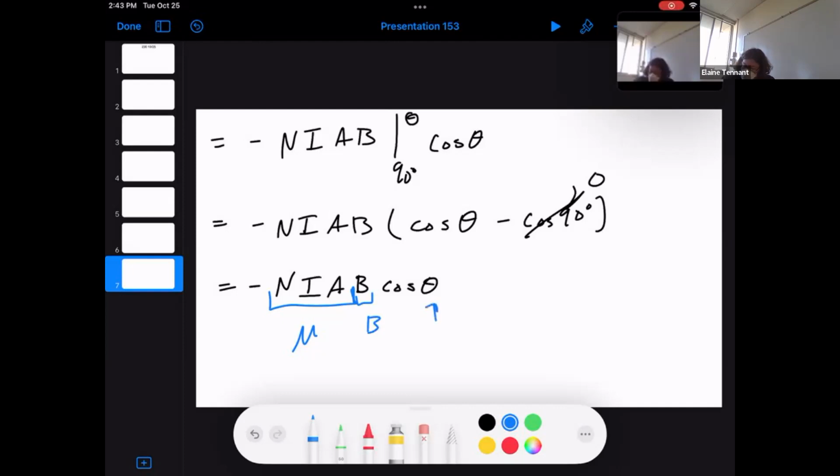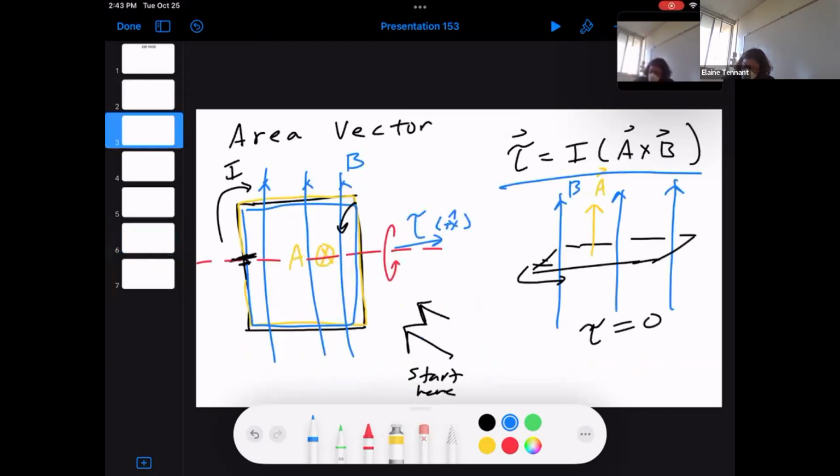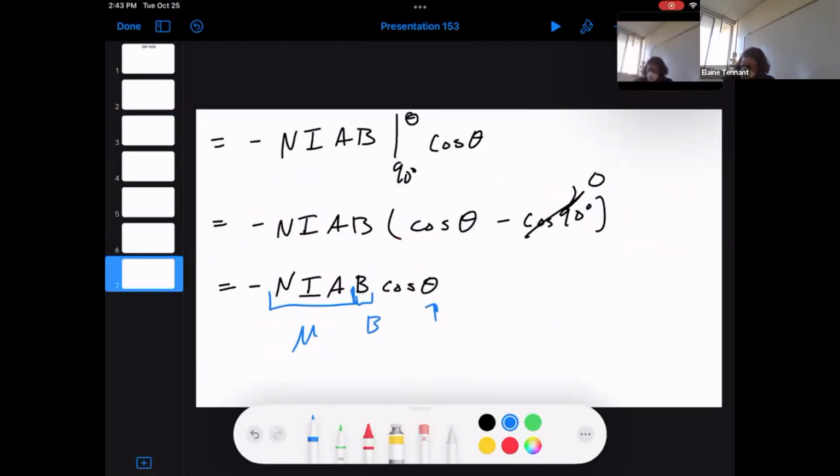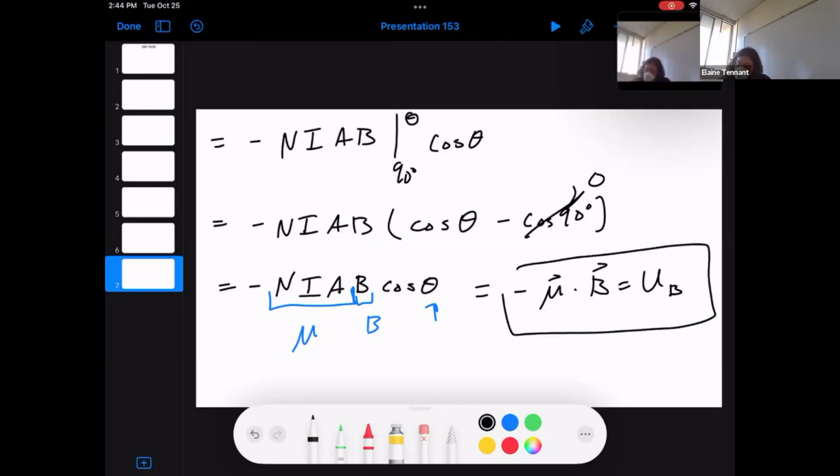This cosine, that angle is actually the angle between the magnetic field and the magnetic moment. So we can write this as the magnetic moment dotted with the magnetic field. And that'll be how much magnetic potential energy there is in the system for this object to spin.